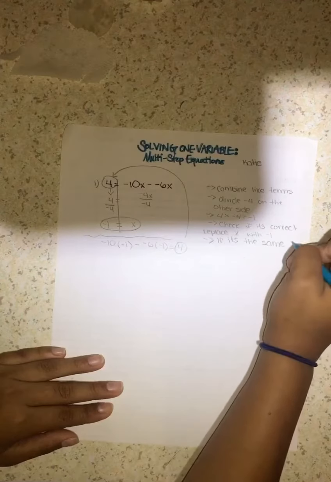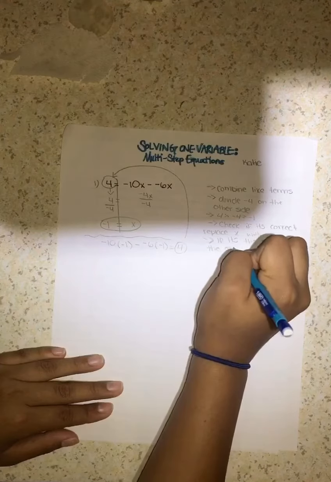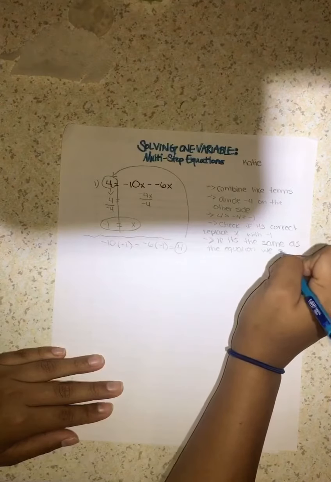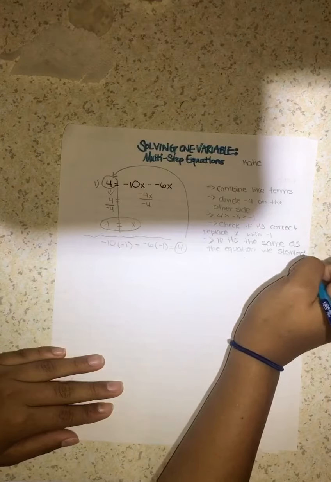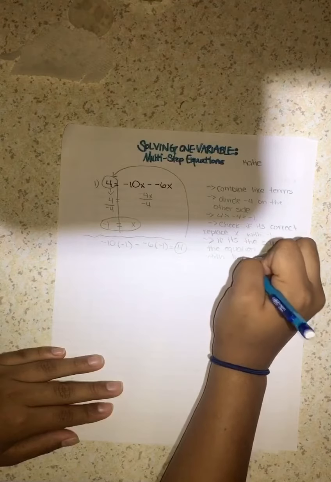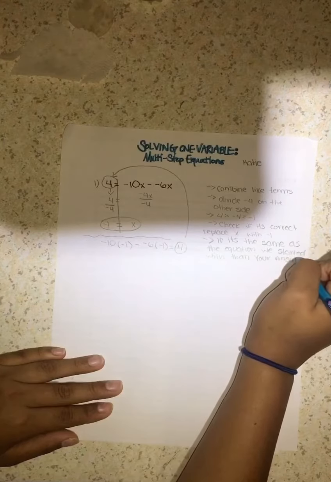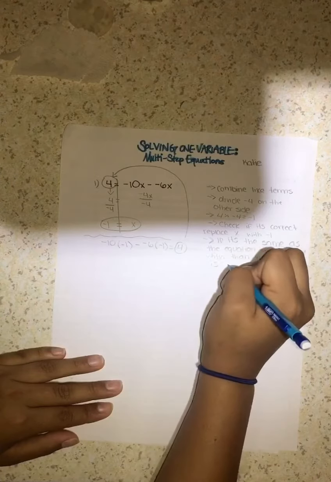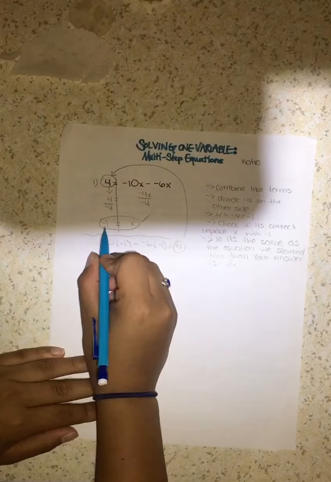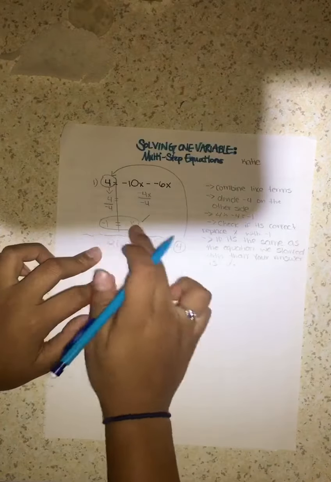So if it's the same as the equation we started with, then our answer is going to be correct. So we got our answer here, which is negative 1 equals x, and we checked to see if it was the correct answer by replacing the x with our answer.